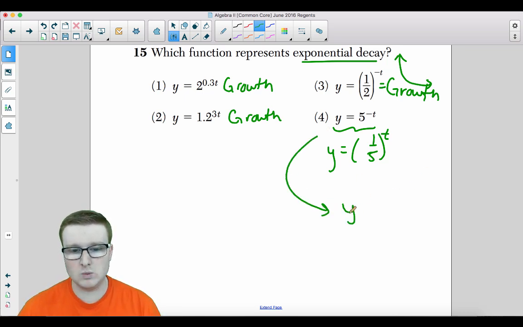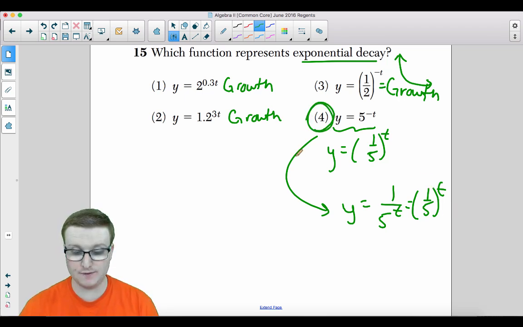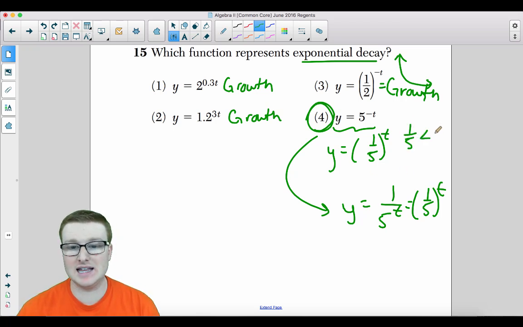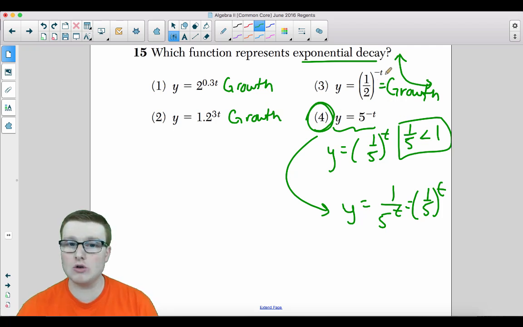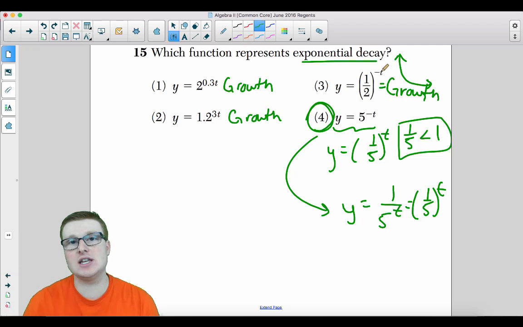So this is really y equals 1/5^t, which you should know from your exponent rules. This is the same thing as 1/5 to the t power, because that's just a 1. So this is actually exponential decay. Your answer is choice 4. Just for the sole fact that 1/5 is less than the number 1, that's why it's exponential decay. This one is growth because that negative t pushes it down to the denominator, and you actually get a number that's greater than the number 1.